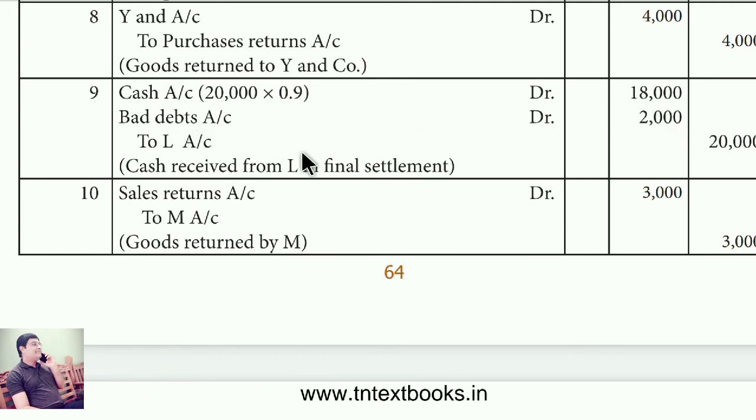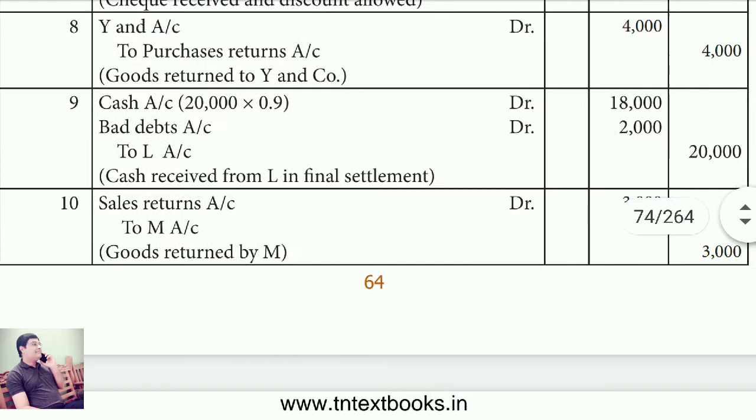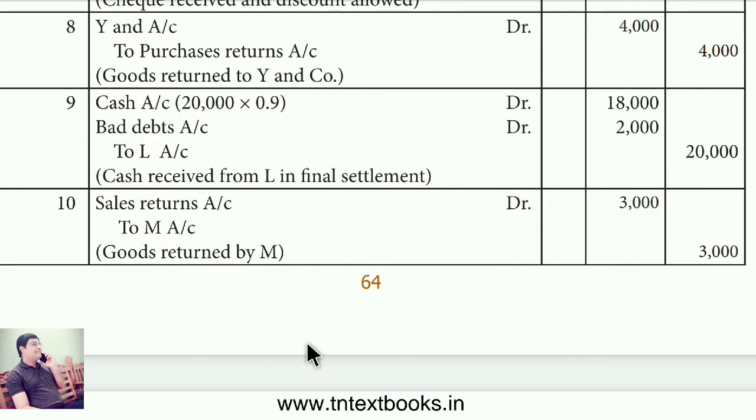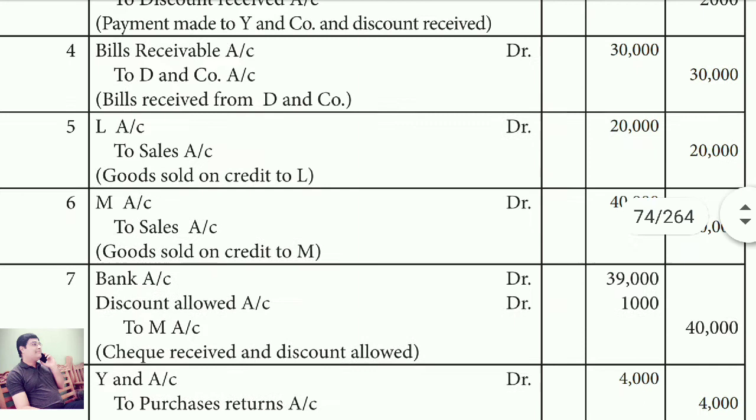Bad debts means loss, 2,000 rupees, to L account 20,000 rupees, because actually he has to pay us 20,000, but he paid only 18,000. So 2,000 is bad debts. So cash account debit, bad debts account debit, to L account 20,000.